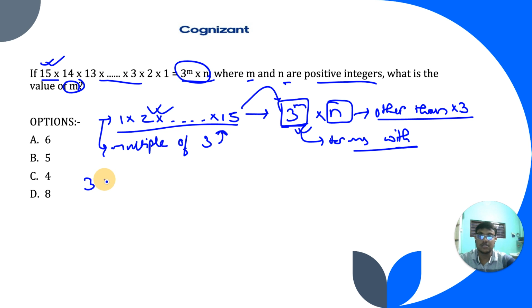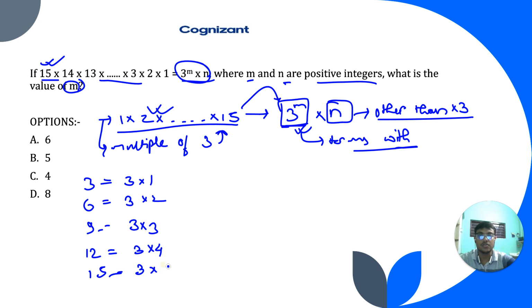Now, if you see carefully, the multiples of 3 present within this term are, first you would have 3, which is 3 into 1, then 6, which is 3 into 2, then you have 9, that is 3 into 3, next you have 12, that is 3 into 4, next is 15, which is 3 into 5.